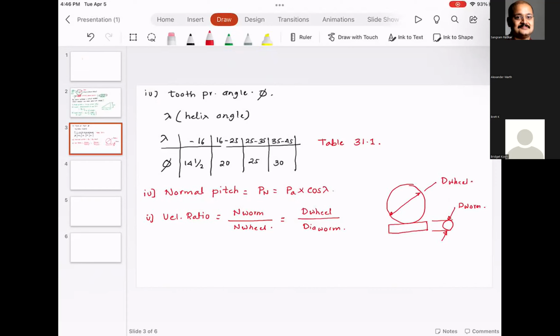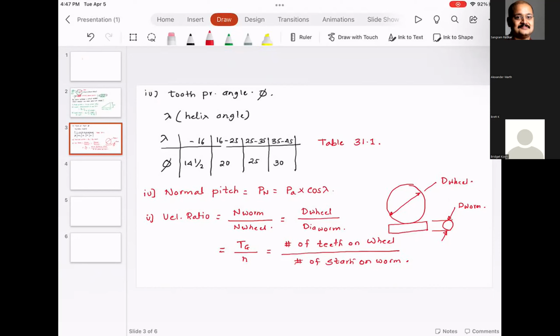So the other equation that you can use to find velocity ratio is number of teeth on wheel divided by number of starts on worm. So just like power screw, you can have single start worm, you can have multi-start worm. So you can use any of these equations.